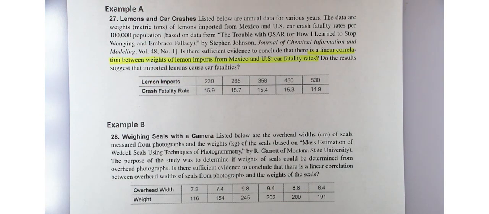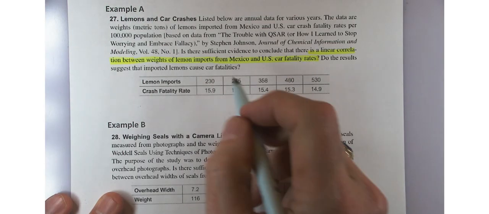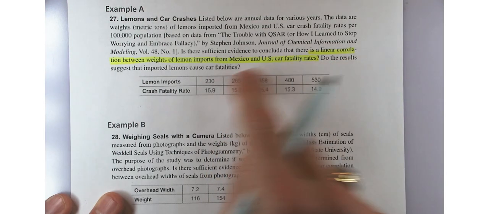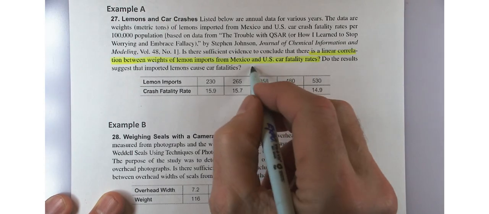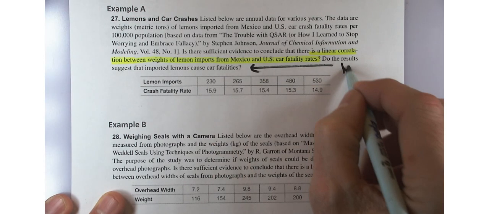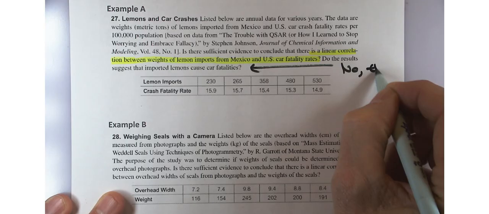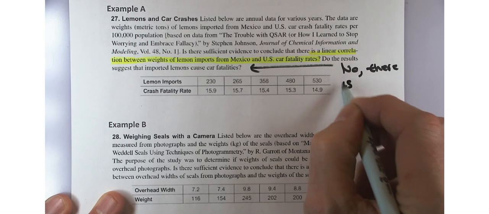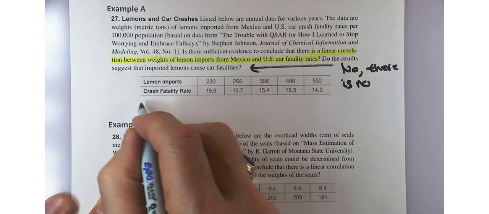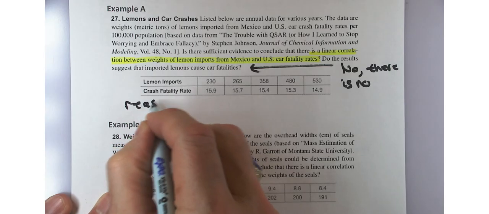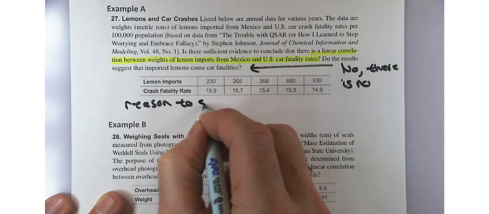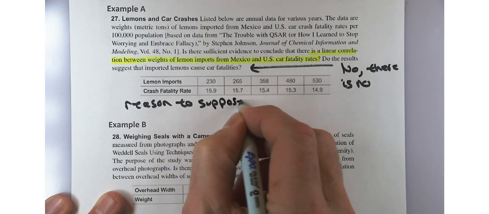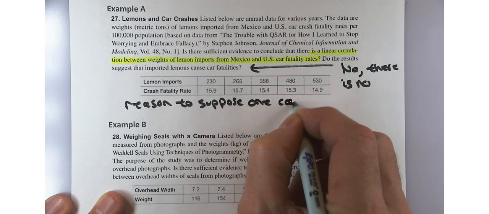You can say, no, there's no reason to think that one causes the other one. I do appreciate a complete sentence. No, there is no reason to suppose one causes the other.